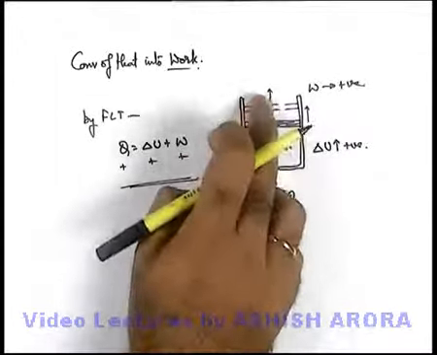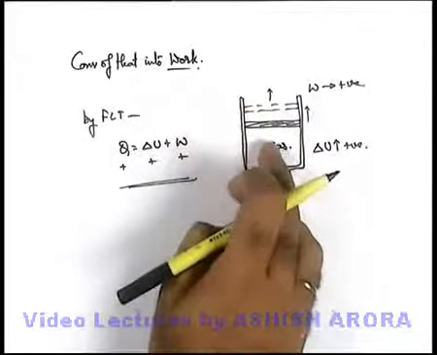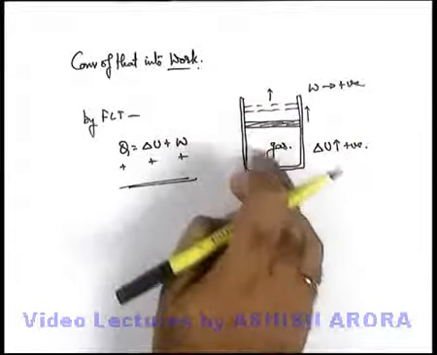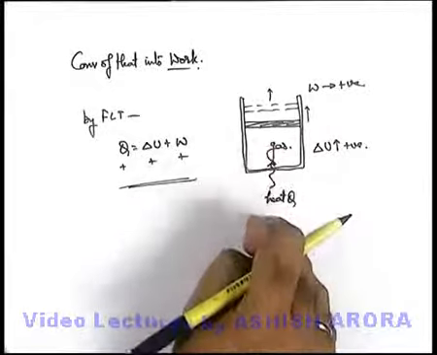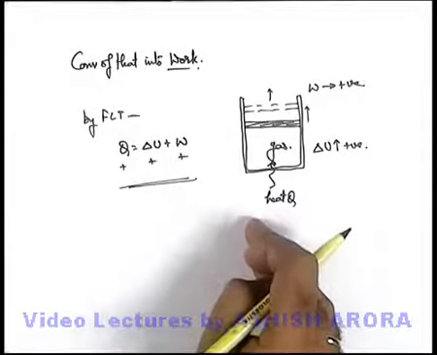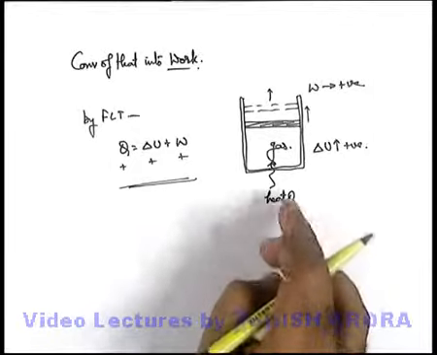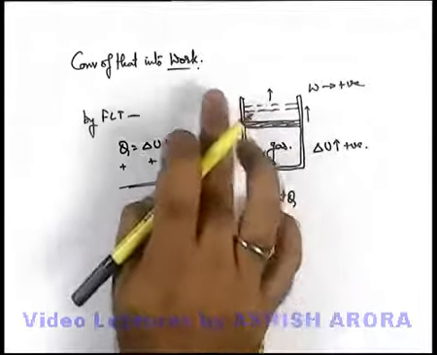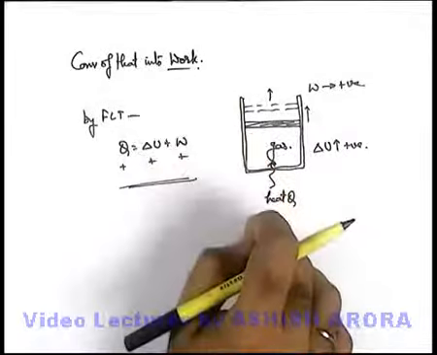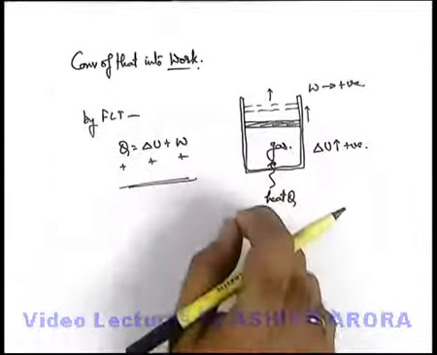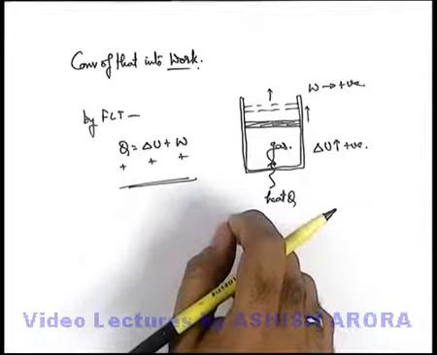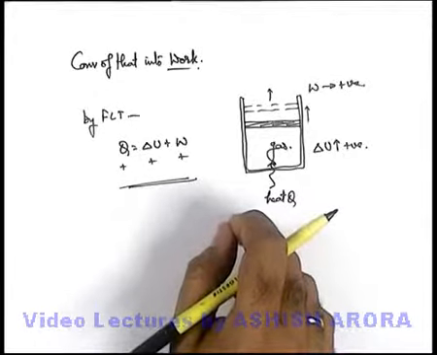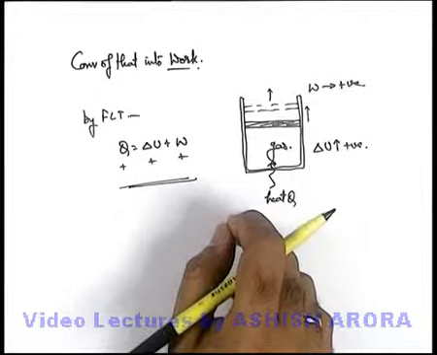And if work is done by an external agent, a part of that work will be rejected, maybe by the gas to the surrounding. So these are the basic facts we must know, that heat can be transformed to work and work can also be transformed to heat. Along with this, the very first fact is that, in general, heat flows from high temperature region to low temperature region.